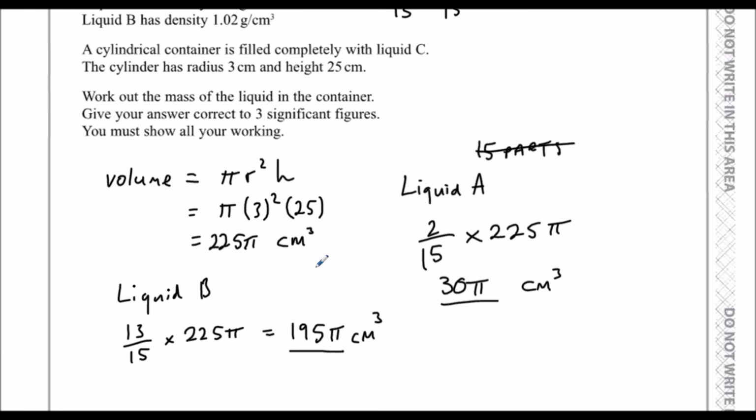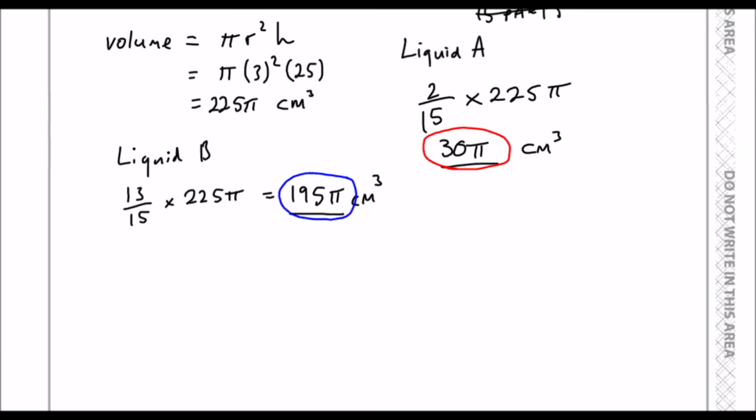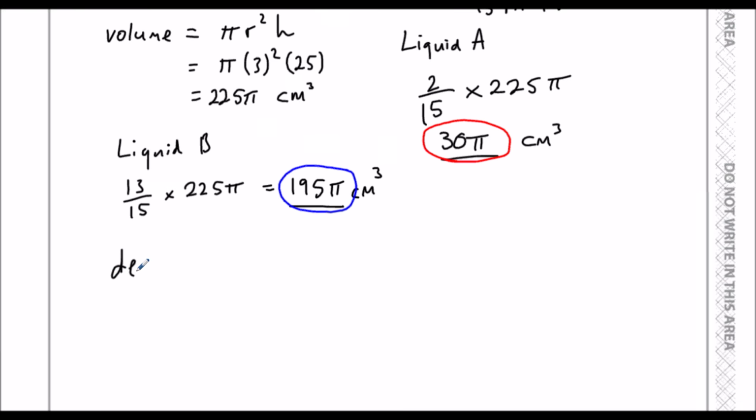So there we've got a volume and a density for B and a volume and density for A. So we're going to use density equals mass over volume. So to find the mass, we're going to be doing density times volume. So mass is density times volume.